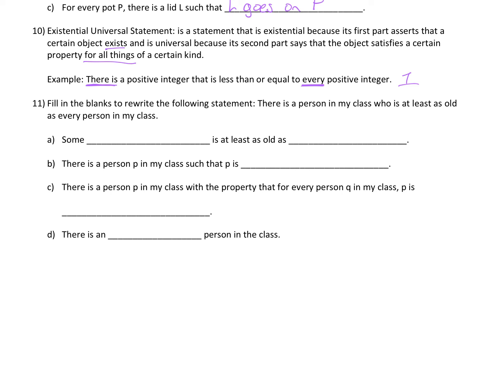Okay, so we'll do another non-mathematical example here. Fill in the blanks to rewrite the following statement. There is a person in my class who is at least as old as every person in my class. So let's see, some person in my class is at least as old as every person in my class.